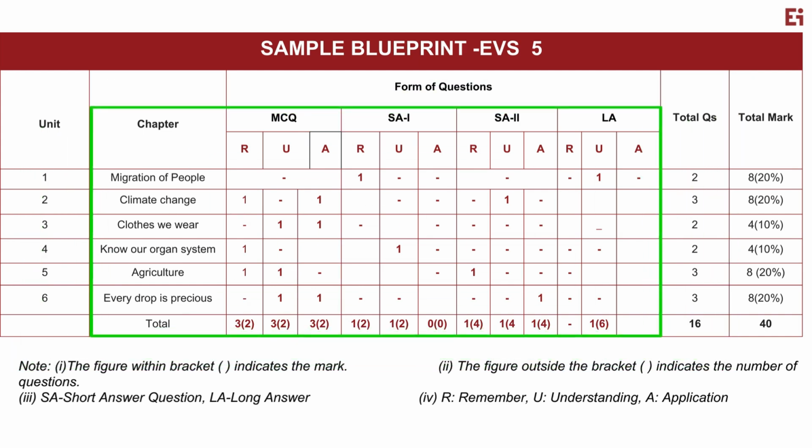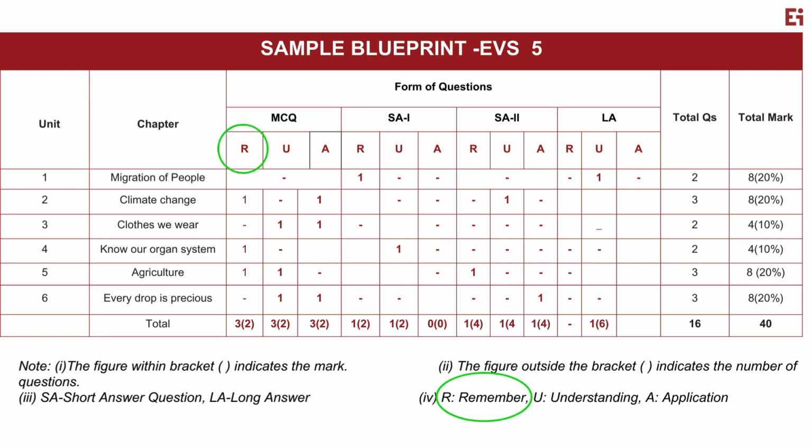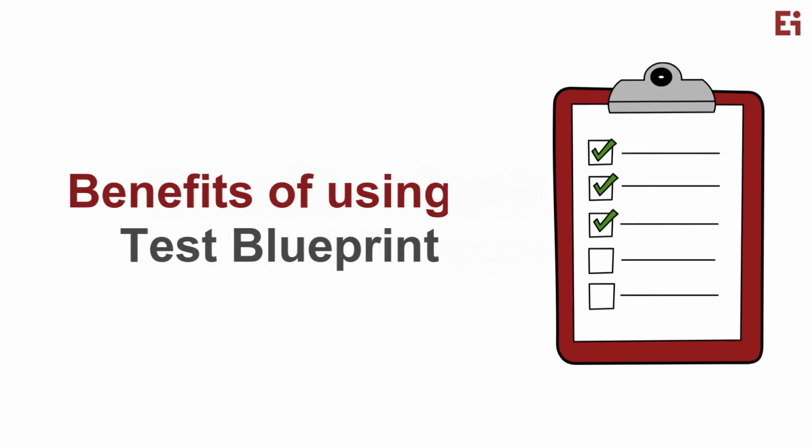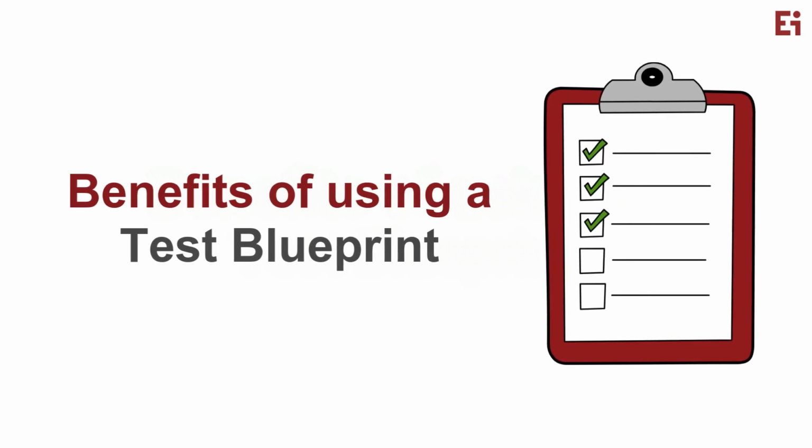This can be further detailed to highlight skills like R for remembering, U for understanding, and A for application under each question type.